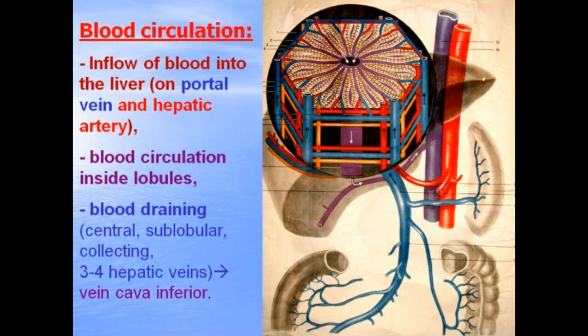To understand the structure of the liver, it's necessary to remind ourselves of the blood circulation. There are 3 parts in it.